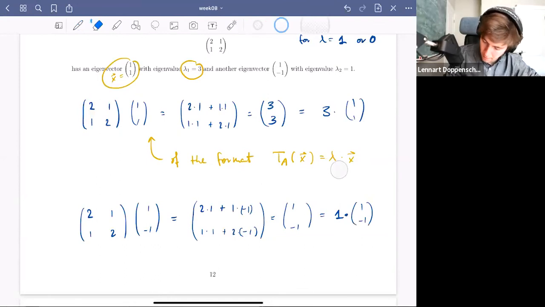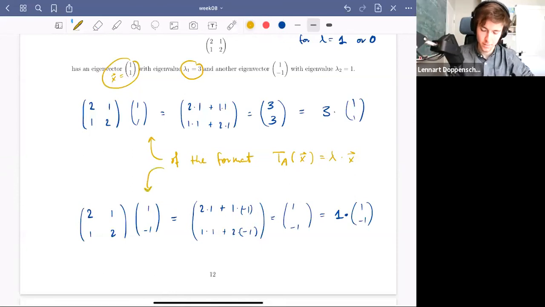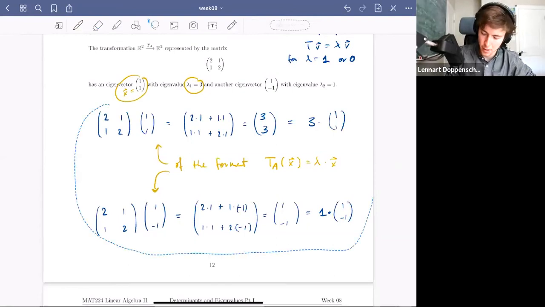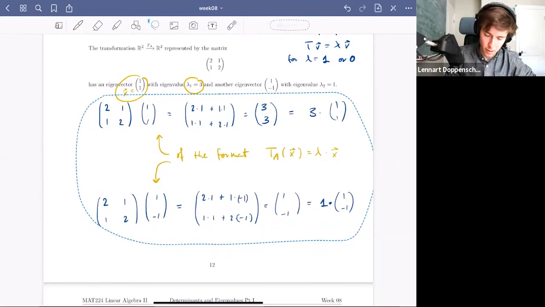If we remove this lambda 1 and just have lambda, then of course this is exactly the same format again. So there are two vectors, (1, 1) and (1, -1), which are eigenvectors.